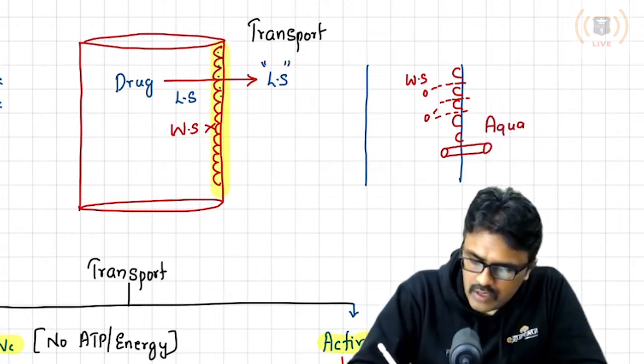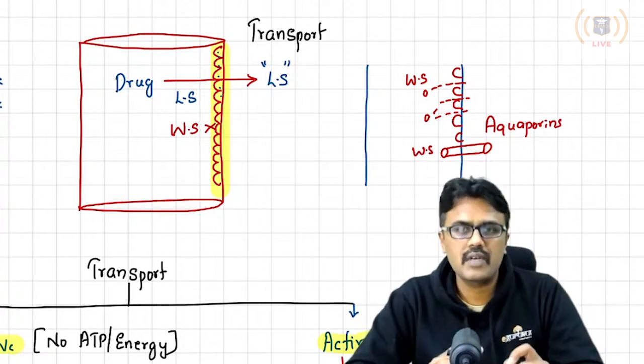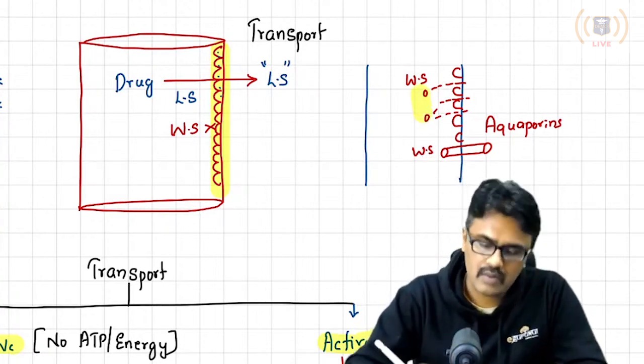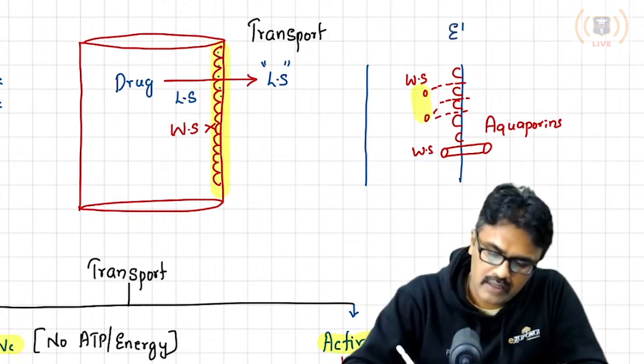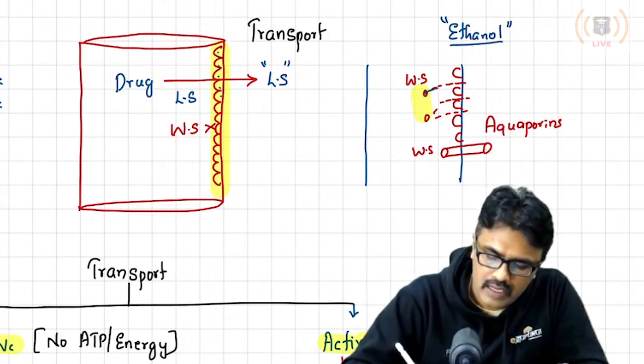Through that also the water soluble drugs can enter inside. But this is only seen with few drugs, only if they are very small. For example, a water soluble drug which is very small is ethanol. You know alcohol, right? Alcohol is a very small molecule, so it can easily cross this.